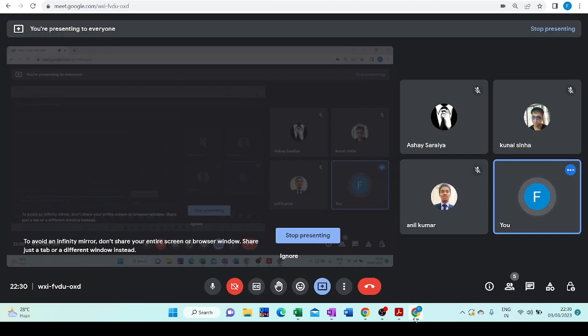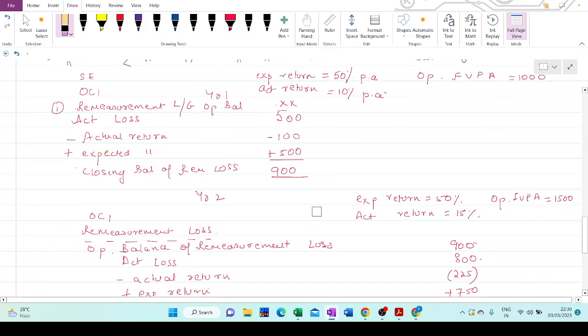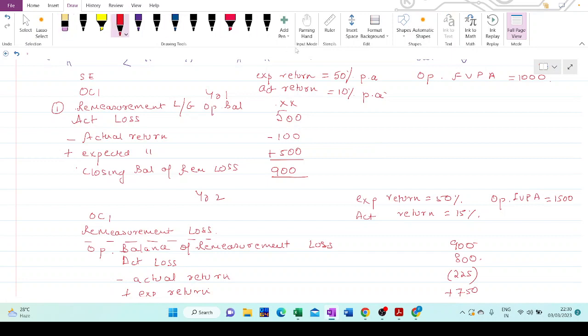But here in GAAP, the employer gets to choose the expected return, and if he chooses an unrealistically high expected return, then naturally, as per the example that we just discussed, my actuarial losses would keep on growing, right? They would grow and grow, and they would become very big over the years.